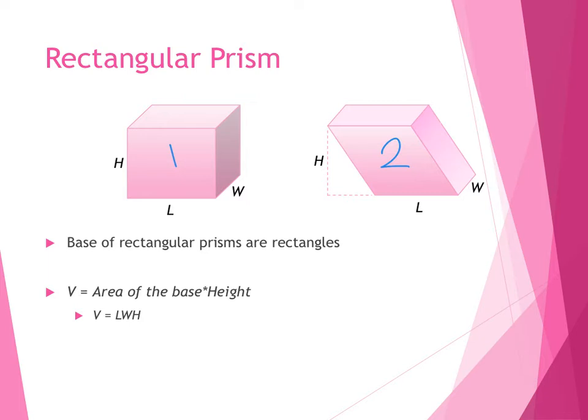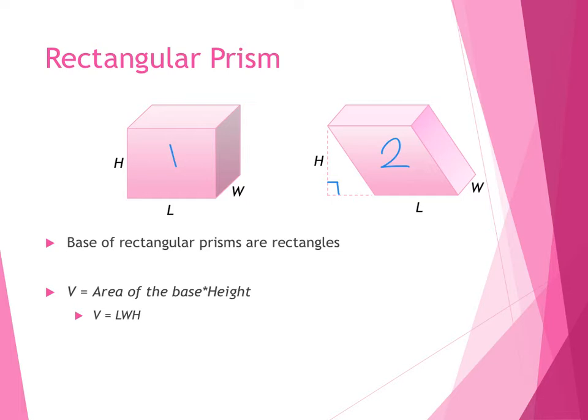So to find the volume, we're still going to use the volume of a rectangular prism. But your height, instead of being the actual side, it is dropped down perpendicular. So you just have to be careful with that. The volume of a rectangular prism is the area of the base times the height.